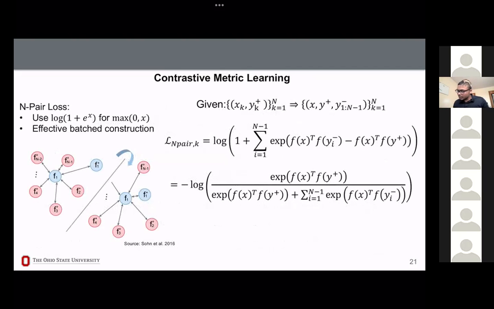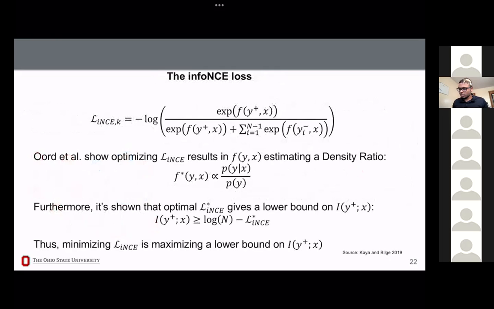What I think they noticed was that these terms can be written more generally. This is basically just a similarity between the transformed version of X and the transformed version of Y plus. And you can have other forms of similarity metrics.